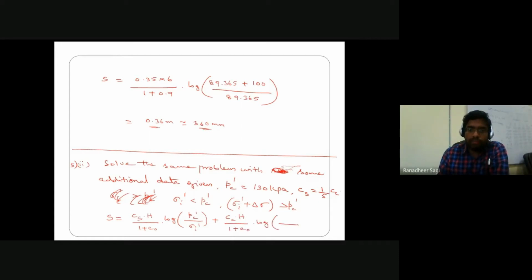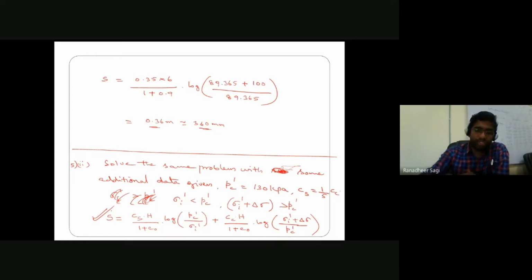Now your normally consolidated zone starts from your pre-consolidation pressure to your final effective stress value. What is your final effective stress value? It is the initial effective stress plus the increment in stress. So this becomes the expression you can use for solving the same problem.